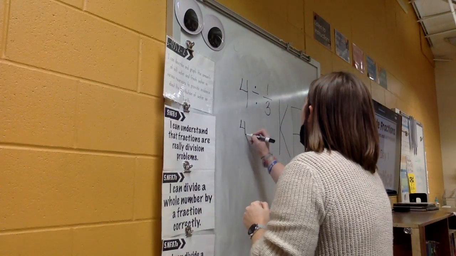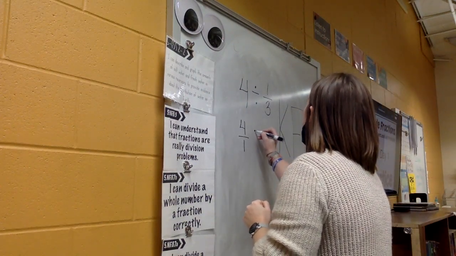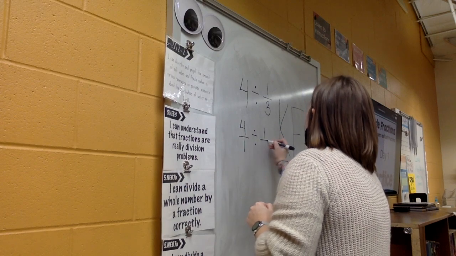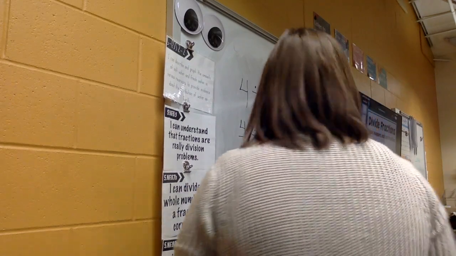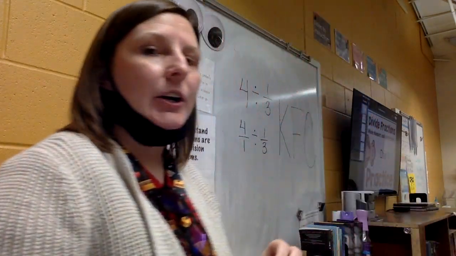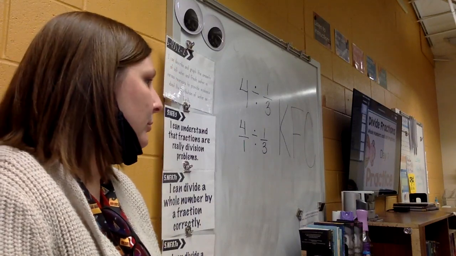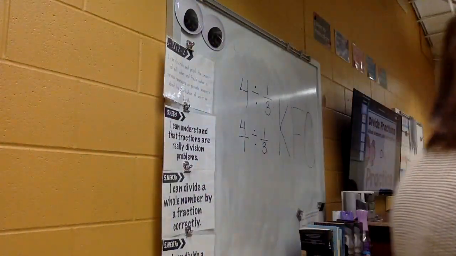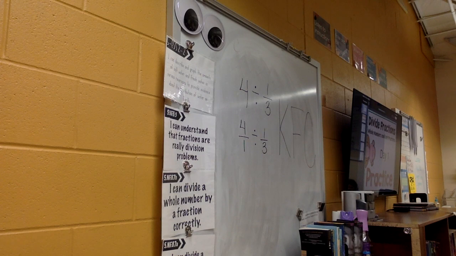So that becomes 4 over 1 divided by 1/3. When you see these problems, you need to change your whole number into a fraction. All you do is put that whole number over 1. That's step number 1.